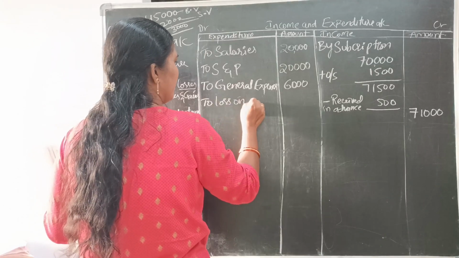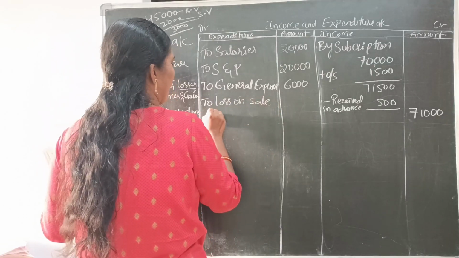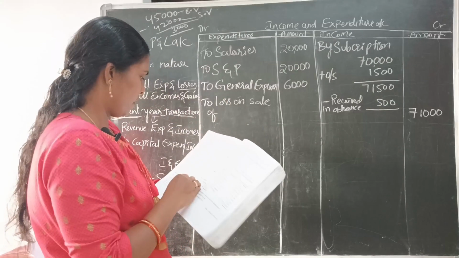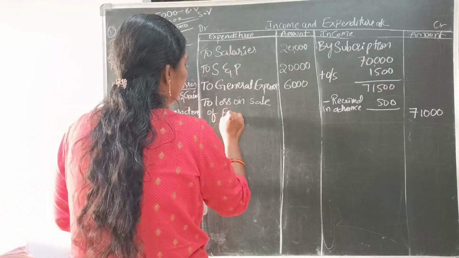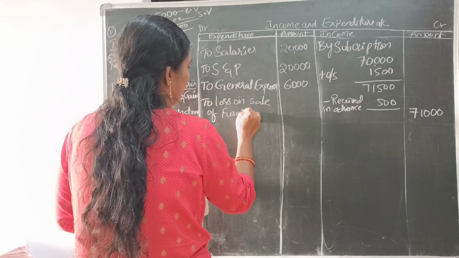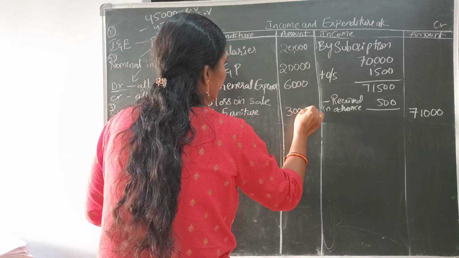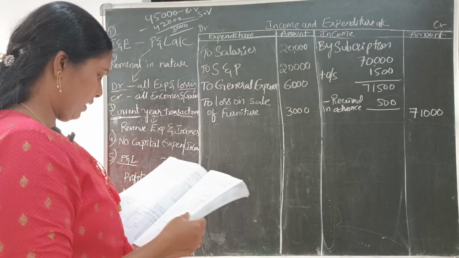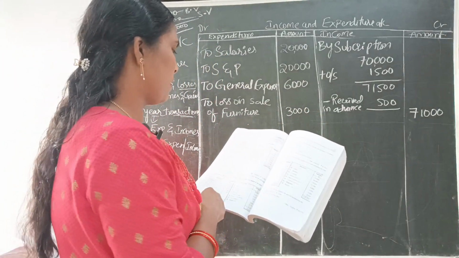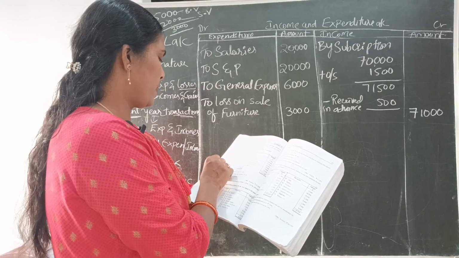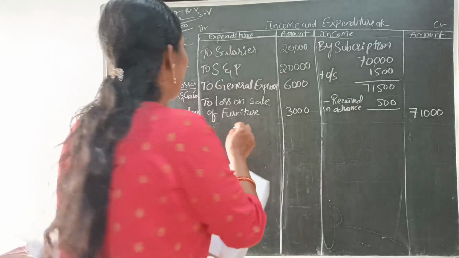Loss on sale of furniture, 3,000. Now three adjustments are over. One more transaction is there on the receipt side: interest on investments.